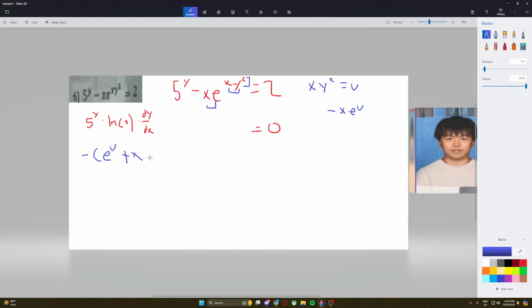Times e to the... All right, so first there's a chain rule. E to the xy squared, there's a chain rule. So it's e to the xy squared, because due to chain rule, e to the anything is just e to the anything multiplied by the derivative of xy squared, so d over dx of this.